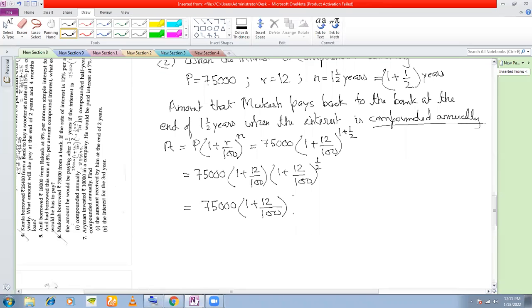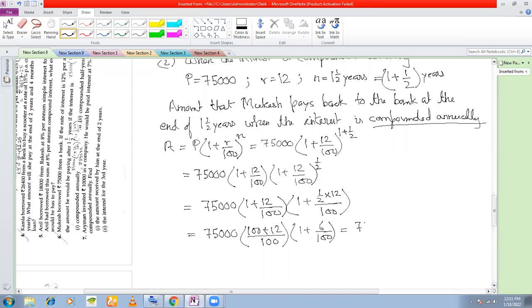And then in order to remove the fractional power, you multiply the power by the rate. And now you can take the LCM here. So you get 100 plus 12 divided by 100. And here you get 1 plus 6 by 100.